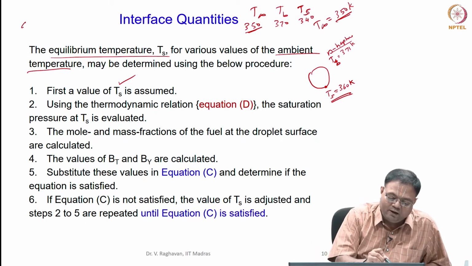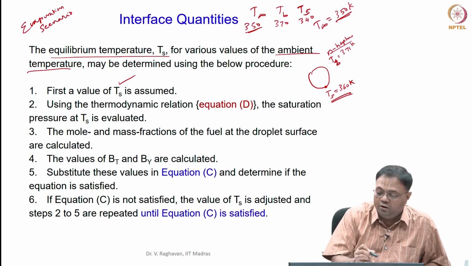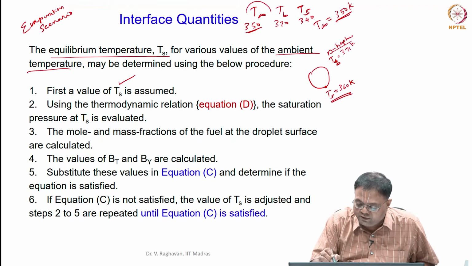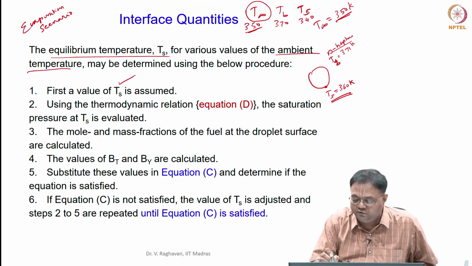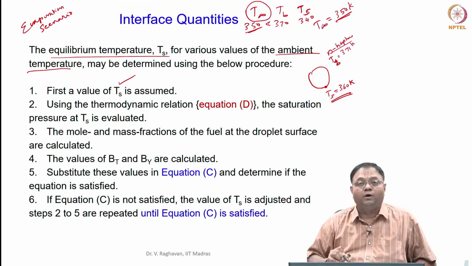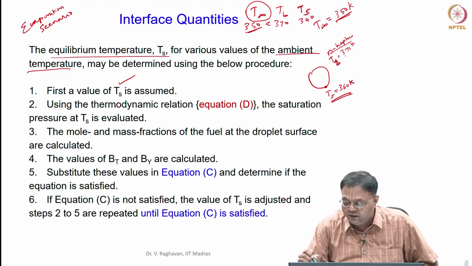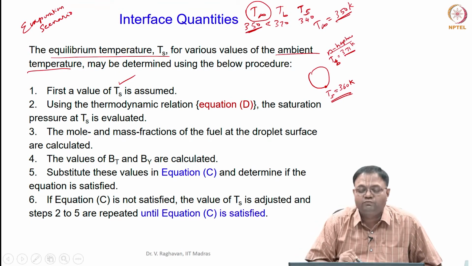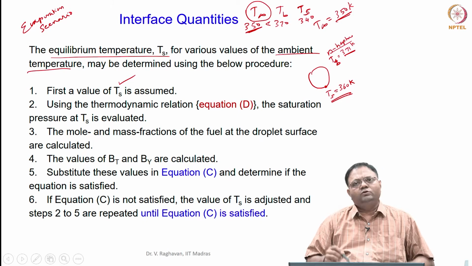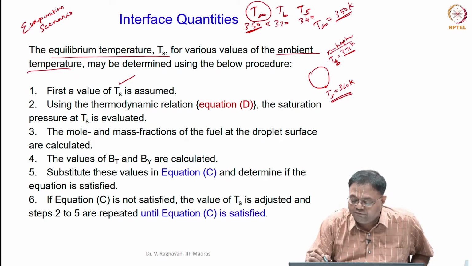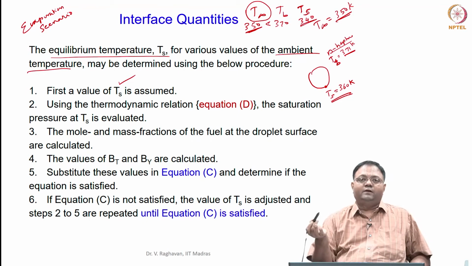Please understand, in the evaporation scenario, I fix the T infinity. Now, T infinity is fixed, actually less than the boiling point. Boiling point is 370 and 350 is the ambient temperature I am fixing. So, evaporation will take place, but the surface temperature will not exceed the boiling point.